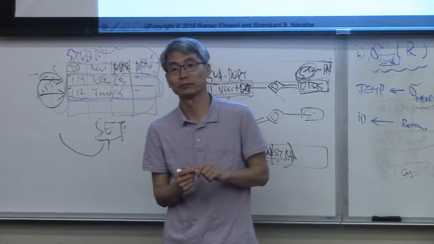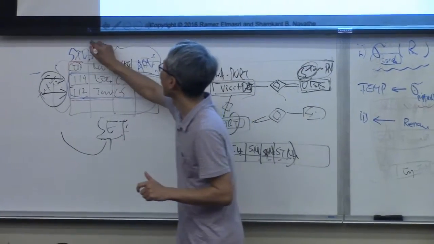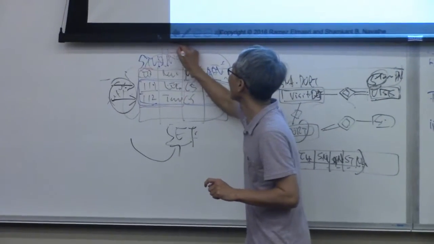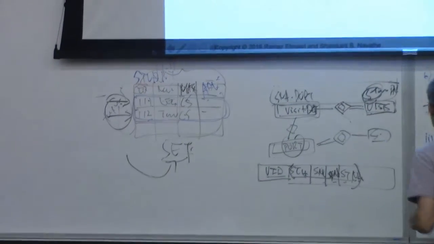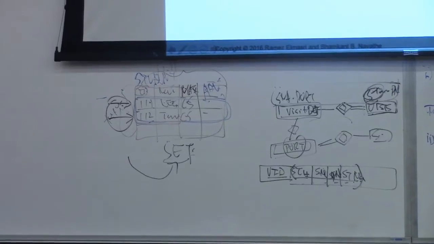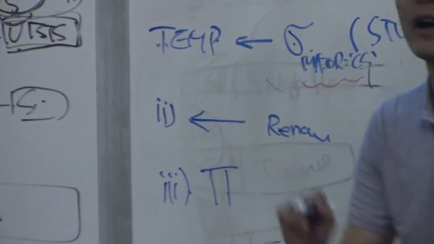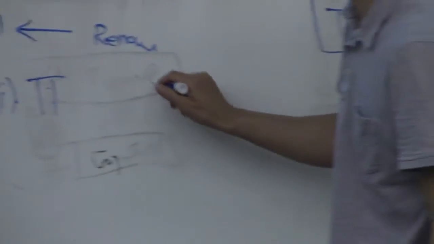How can you? At that time, we are going to use a different operation that is called the project. So the next operation is called the pi, capital letter, Greek capital letter pi. So it's a project. This is called the project.